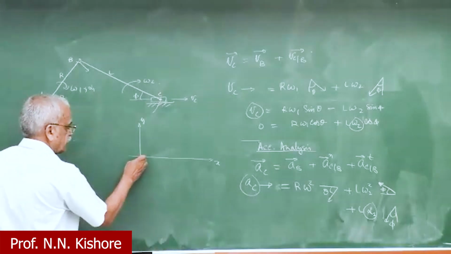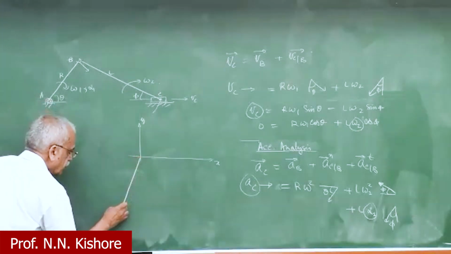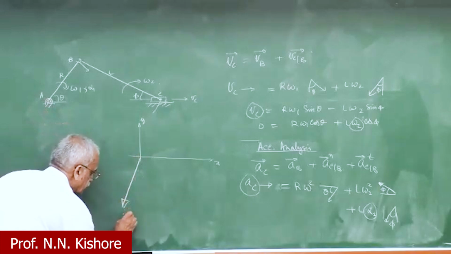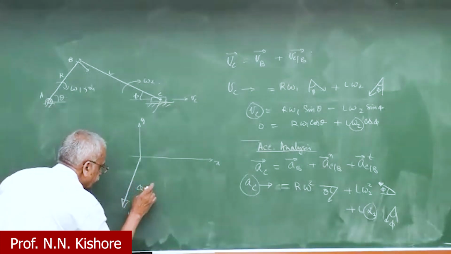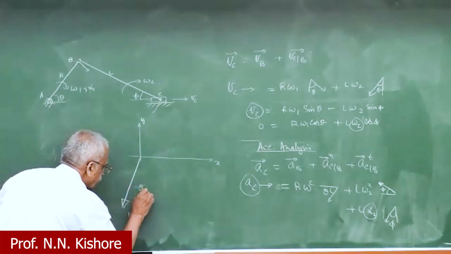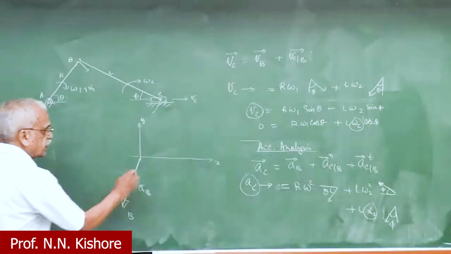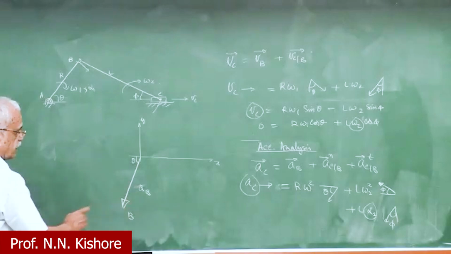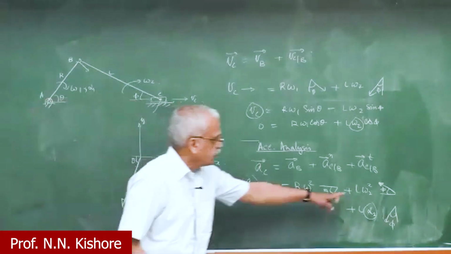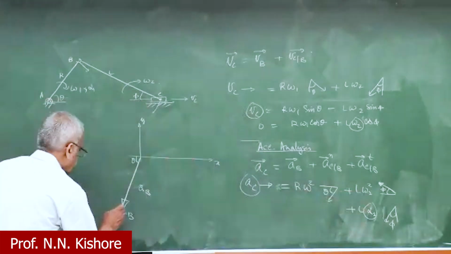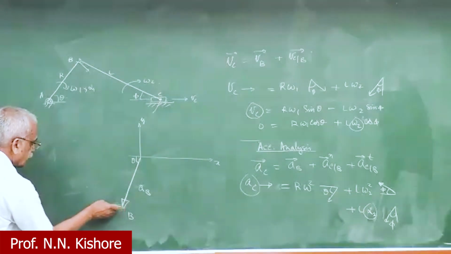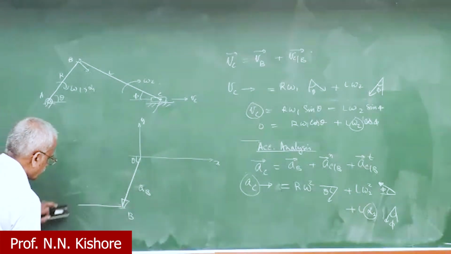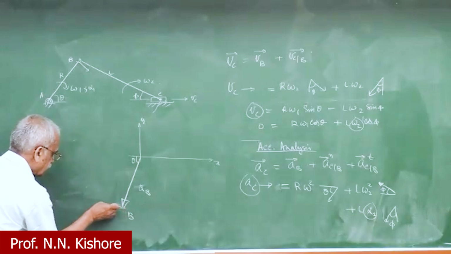So here, what do we have? This is the acceleration of B, which is given like this at an angle of theta, right? And then we have this one at an angle of phi, a slight angle.